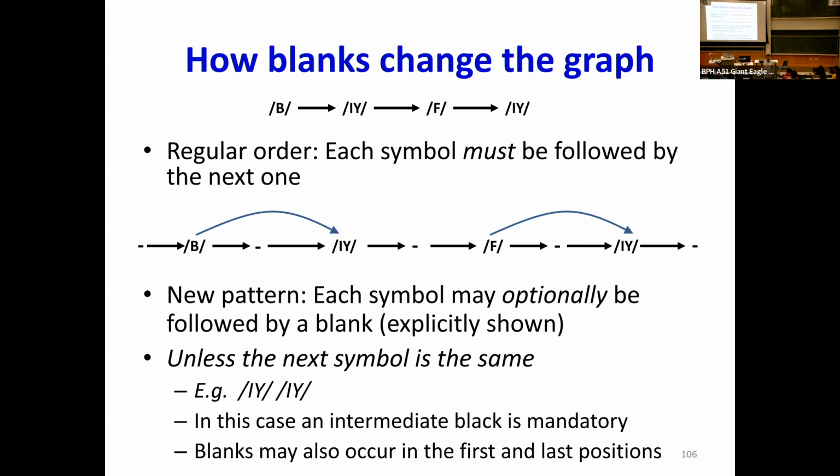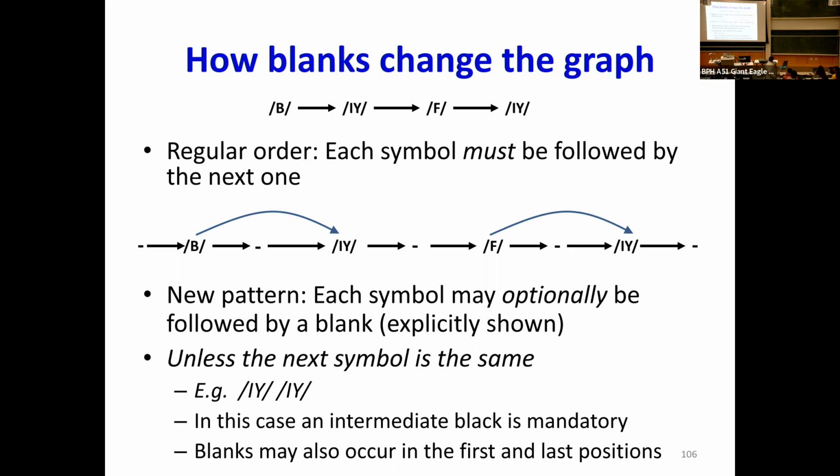There should also be an arrow in the middle, which I haven't shown, but the arrow indicates that I could potentially skip a blank. So this graph represents all possible ways of generating B phi with or without blanks.